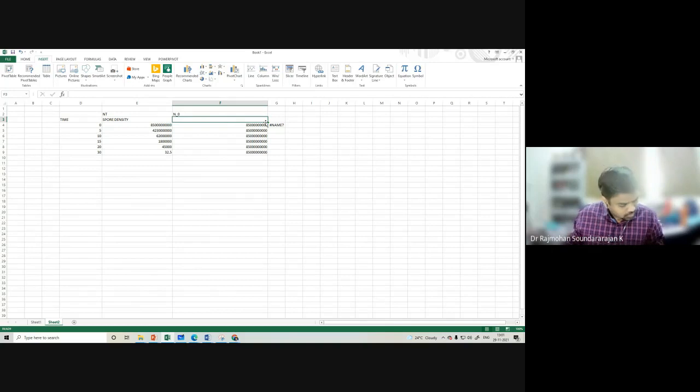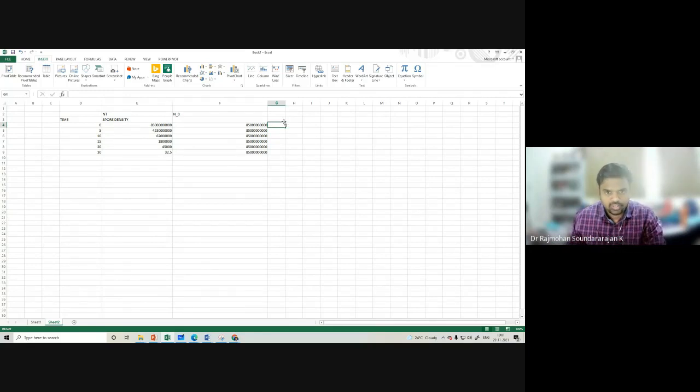We have to calculate Nt by N naught. For the first one we will not have the data; ln cannot be taken directly, because ln 1 is equal to 0, right?